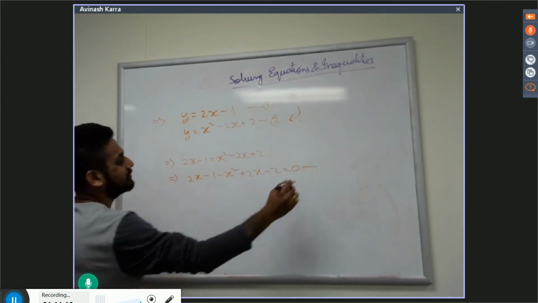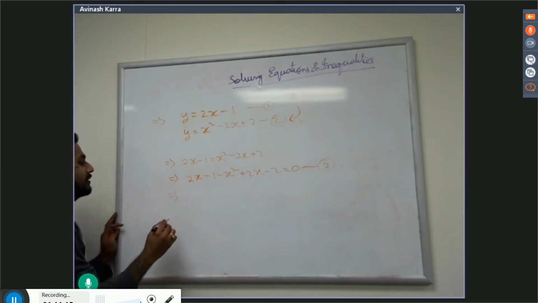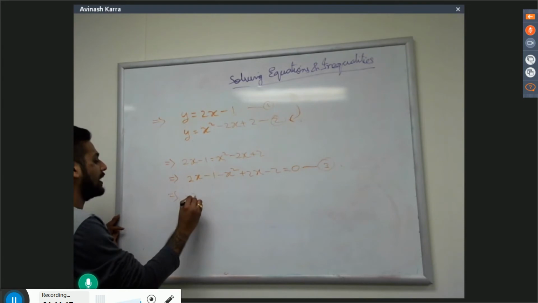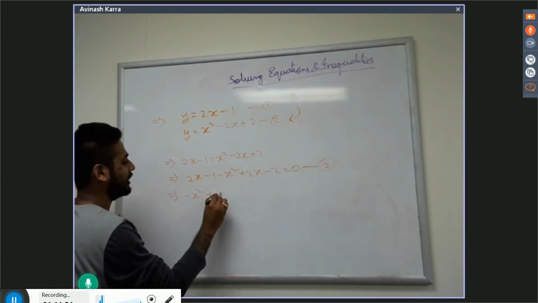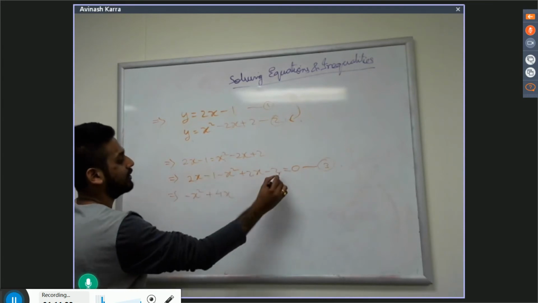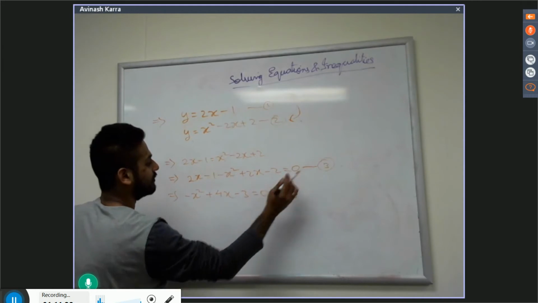Is it clear? Minus x squared, 2x plus 2x will become 4x, minus 1 minus 2 becomes minus 3, equal to 0.